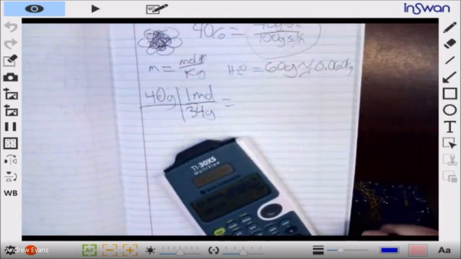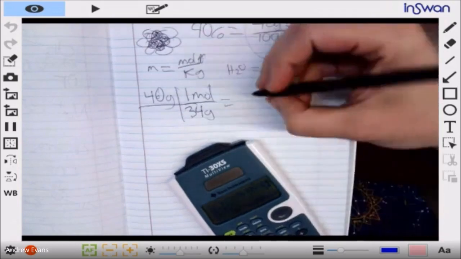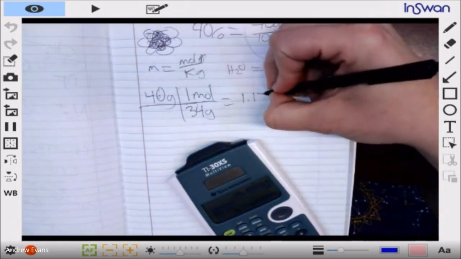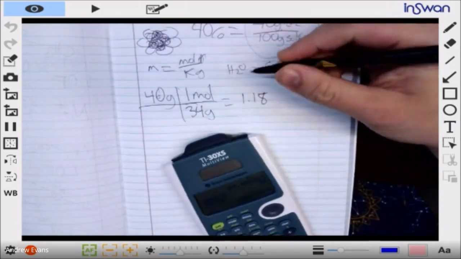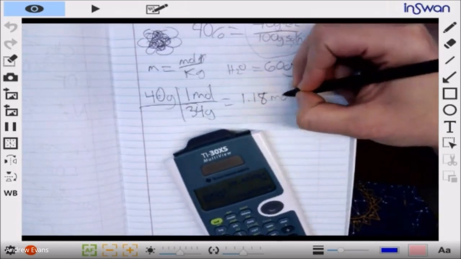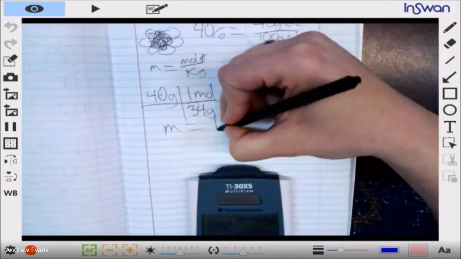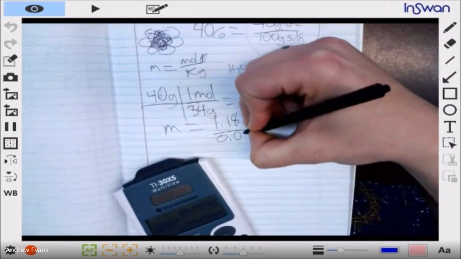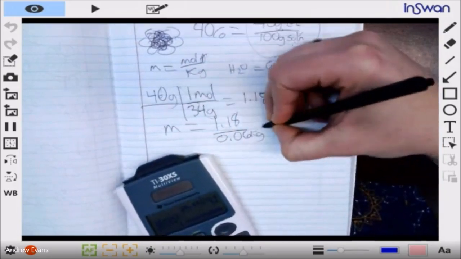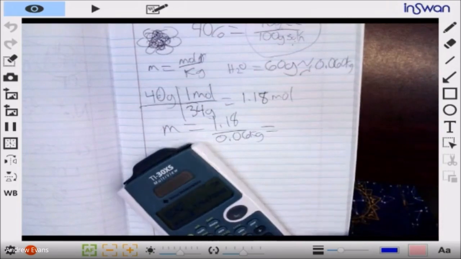So the moles are about 1.18 moles. So for molality, 1.18 divided by 0.06 kilograms is going to give us our molality.